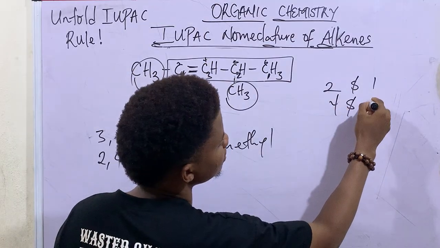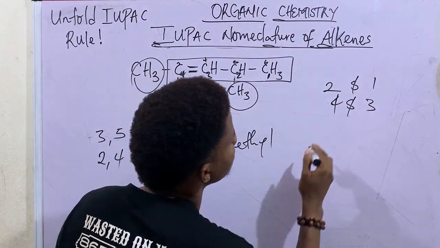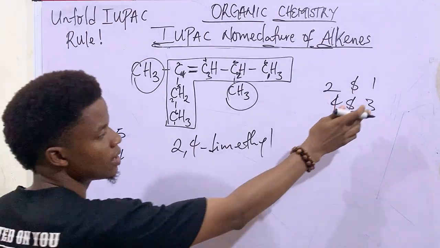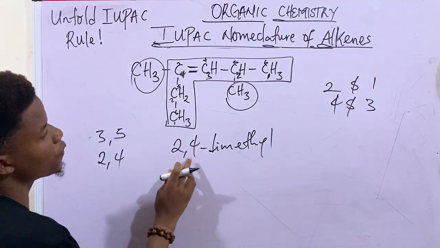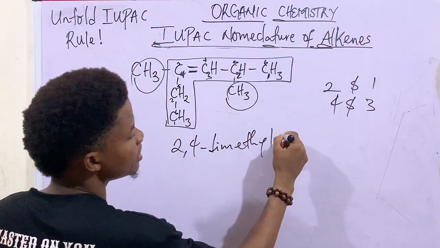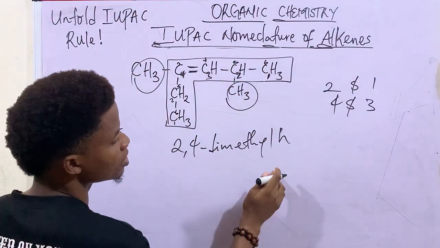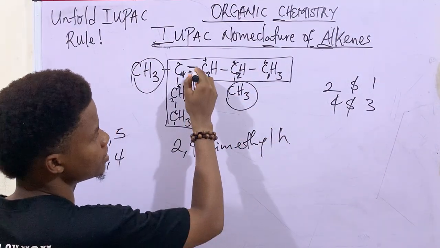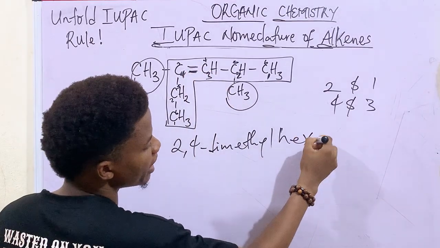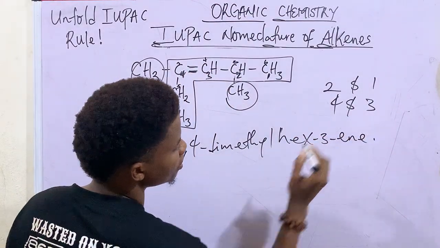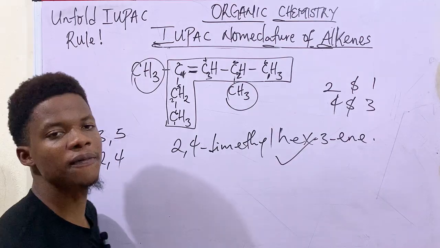Carbon 4 and 3. Between 4 and 3, or 3 and 4, which one is smaller? 3. So it becomes 2,4-dimethylhex, because our parent chain is hexane, hexene because of the double bond. So it becomes 2,4-dimethylhex-3-ene. This becomes our final answer.